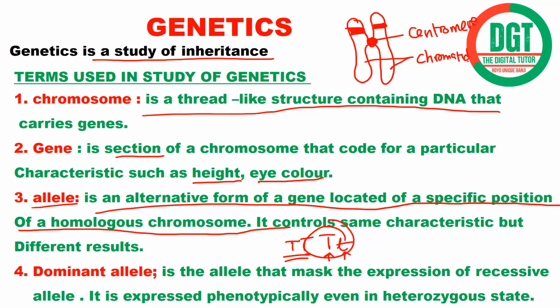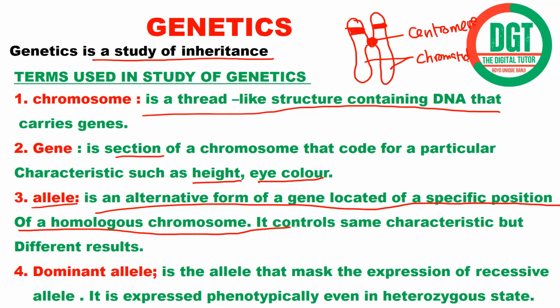But in this case, the one that is expressed is the capital letter T. But anyway, we'll get to look at this. What you need to know here is that an allele is just an alternative form of a gene located at a specific position of the homologous chromosome, and of course it controls the same characteristic but produces different results.